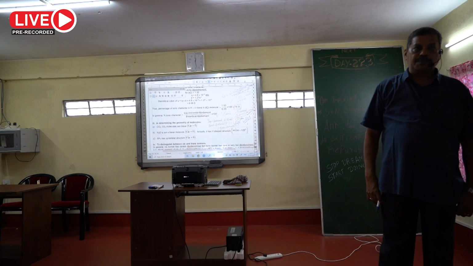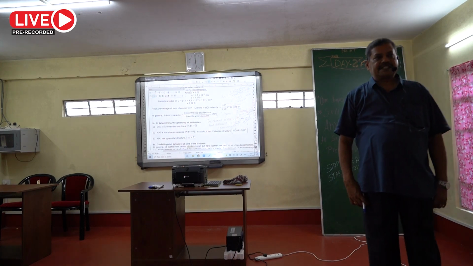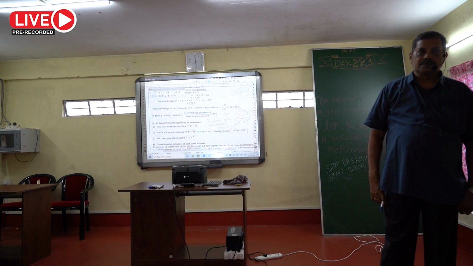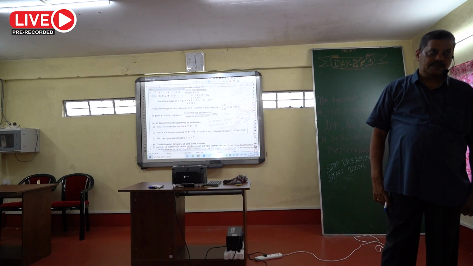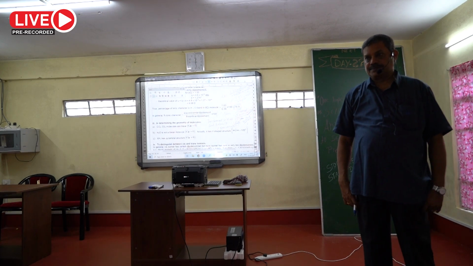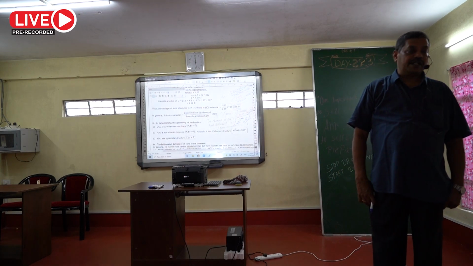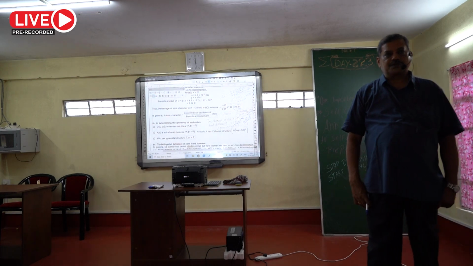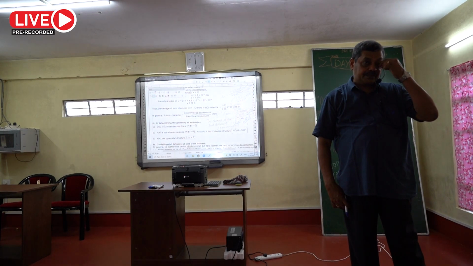So whenever a problem is given to find out the percentage ionic character, what you have to do? In the numerator, the given mu value. In the denominator, to get 100% ionic, you have to take 1 unit charge value. 1 unit magnitude is 4.8 into 10 power minus 10, that they don't give.